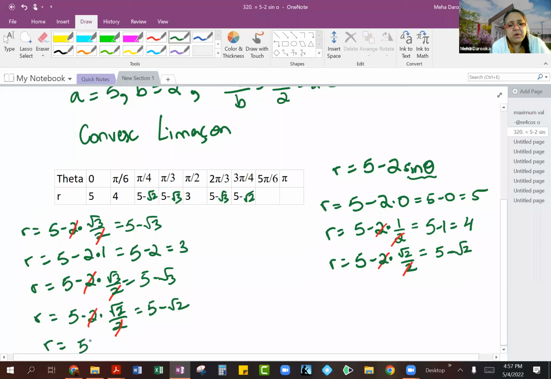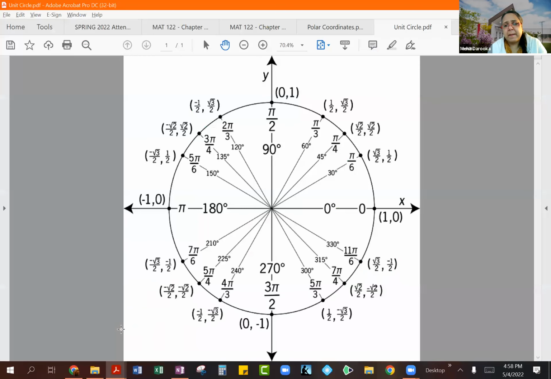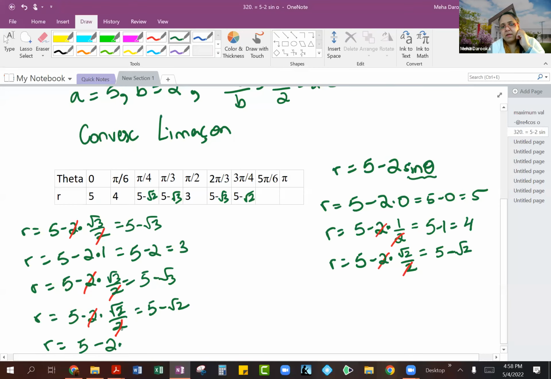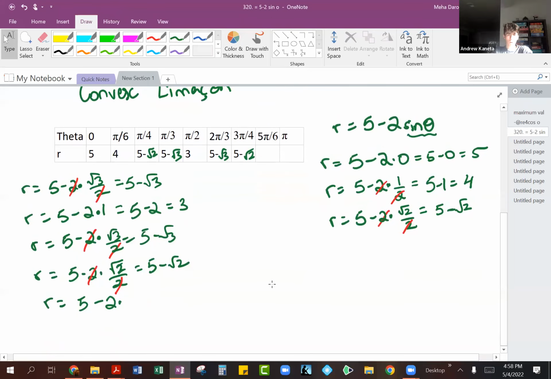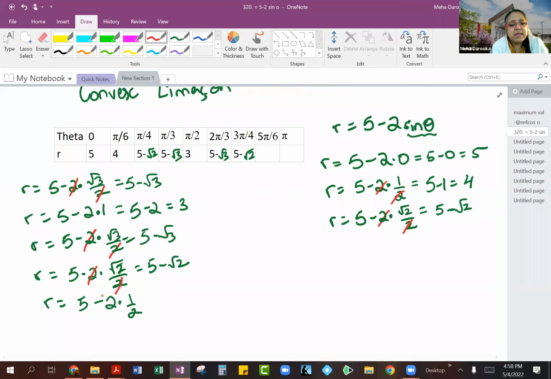What will we end up with for 5 pi over 6? Four. Yeah, because you get 1/2. So again, the 2's cancel out.